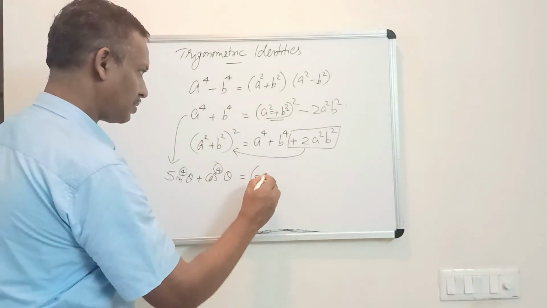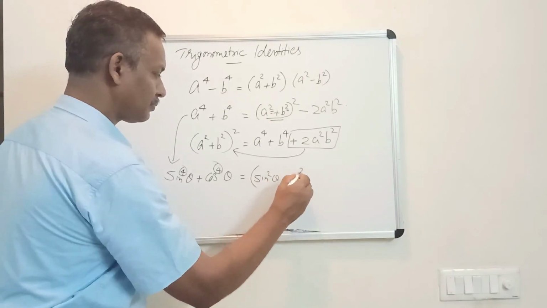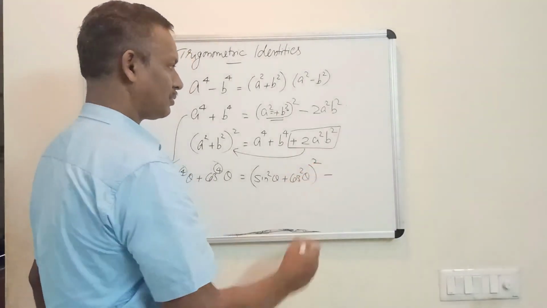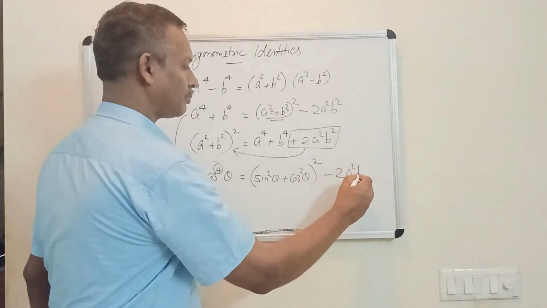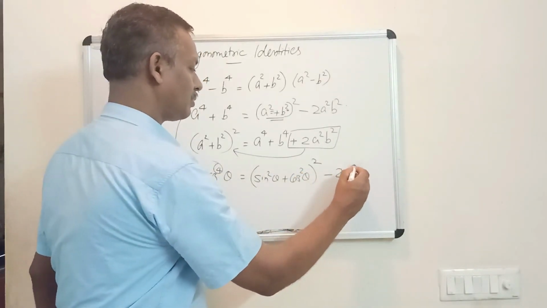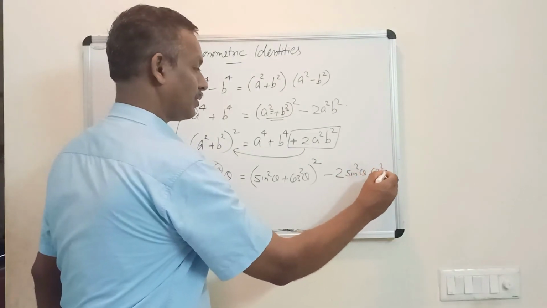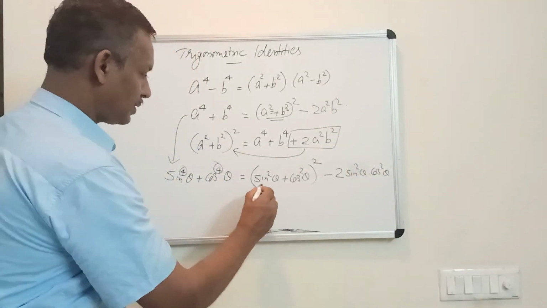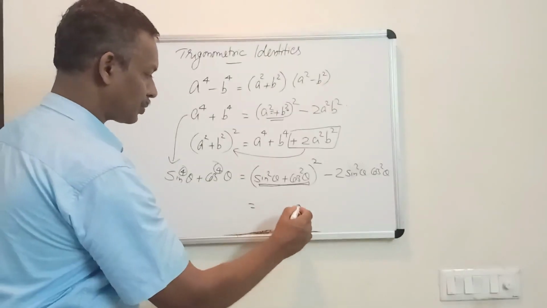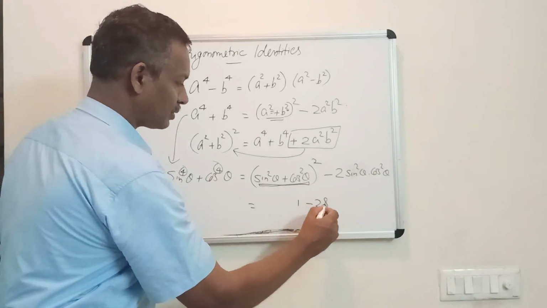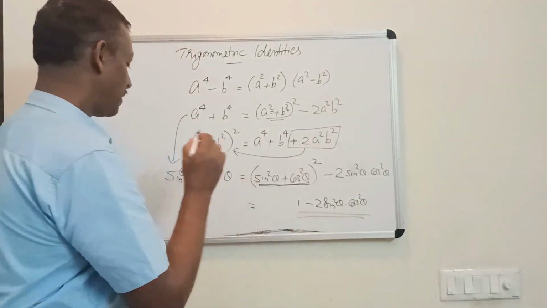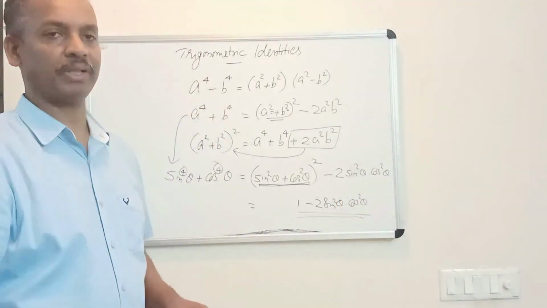So sine square theta plus cos square theta, the whole square, minus 2 times sine square theta into cos square theta. So this is an identity all of you know: sine square theta plus cos square theta is 1. So 1 square is 1 only, minus 2 sine square theta cos square theta. So this is an application of a raised to 4 plus b raised to 4.